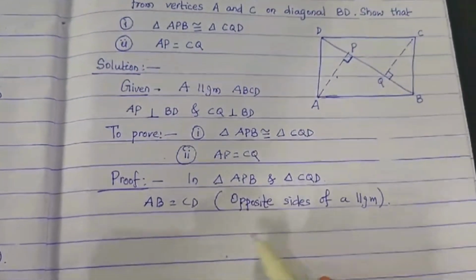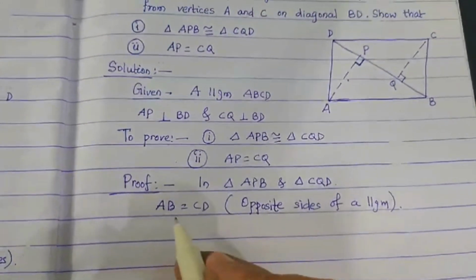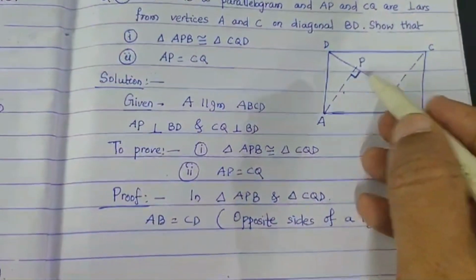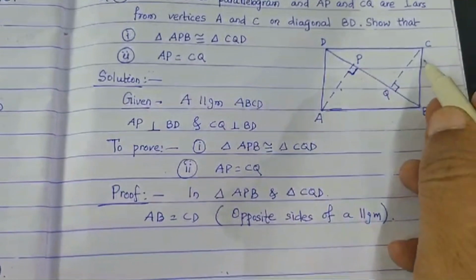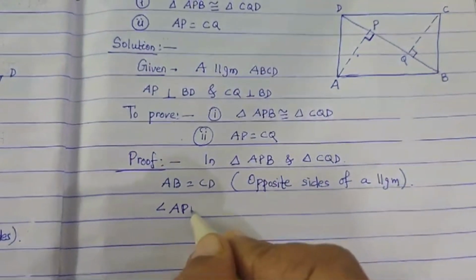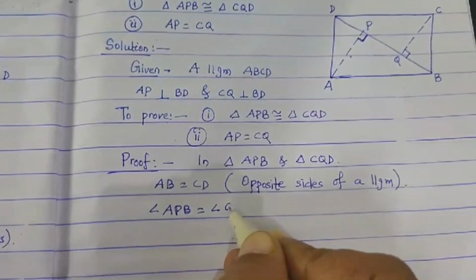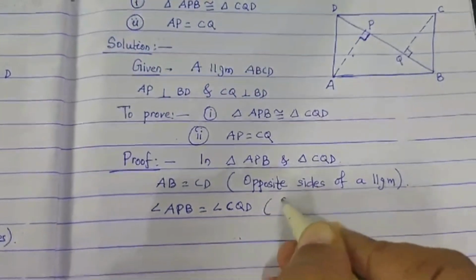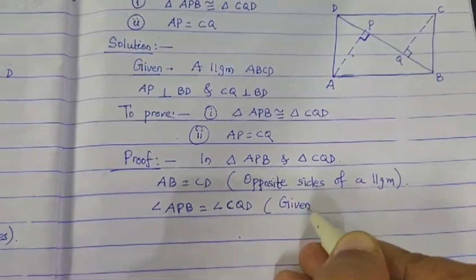Opposite angles are also equal. AB equal to CD. Again this angle equal to this angle. Angle APB equal to angle CQD. This is given 90 degree.